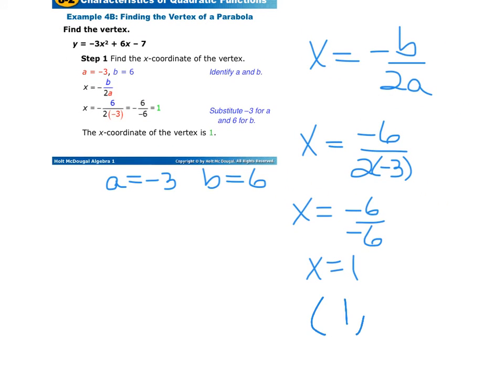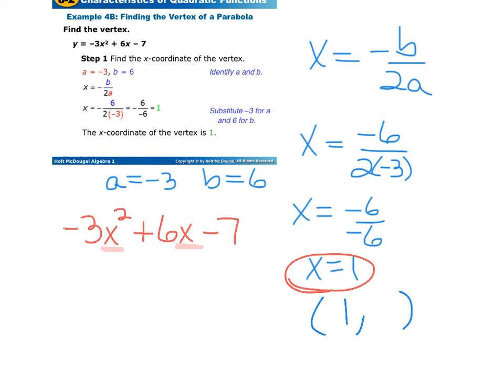And I also have the beginning of my vertex. So I have 1. And now to find the missing piece, I'm going to take this 1 and plug it into the original equation. So let me write the original equation over here. I am now going to take out all of my x's, and in place of them, I'm putting in a 1. So then negative 3 times 1 squared, did I say negative 1?